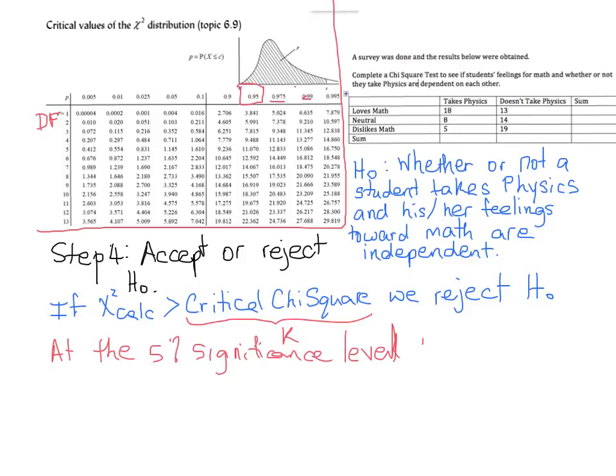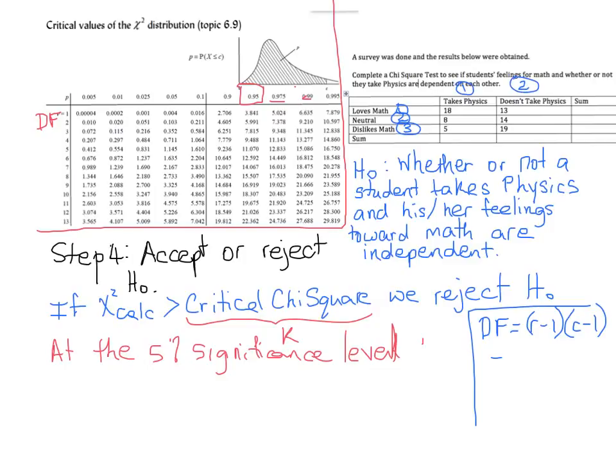Degrees of freedom, we'll calculate over here. Degrees of freedom equals the number of rows minus 1, so I'll just use R, times the number of columns minus 1. I have 3 rows, 1, 2, 3, and I have 2 columns, 1 and 2.